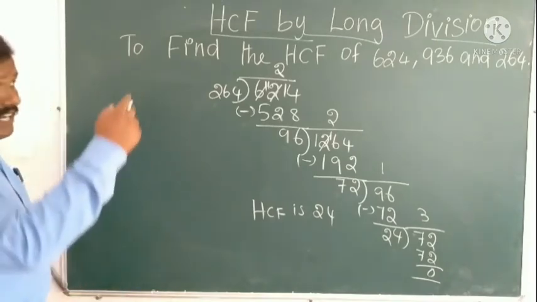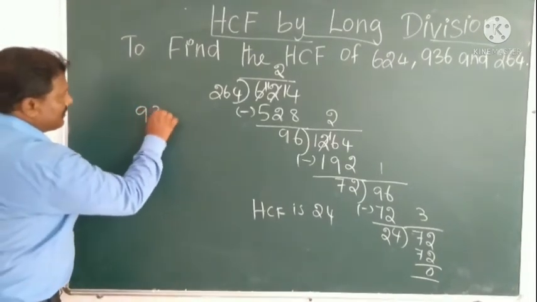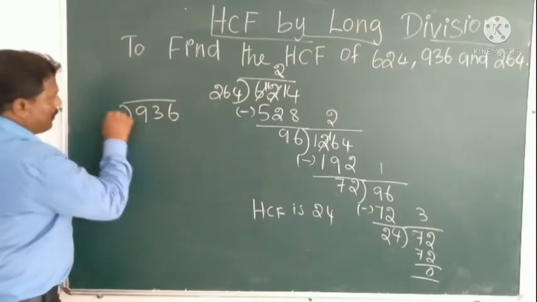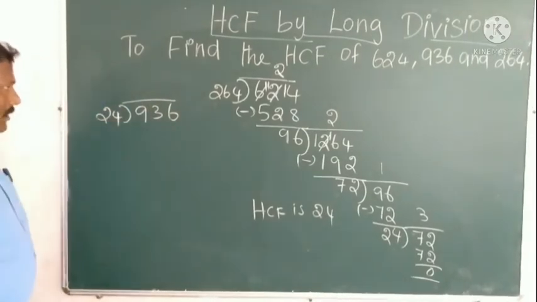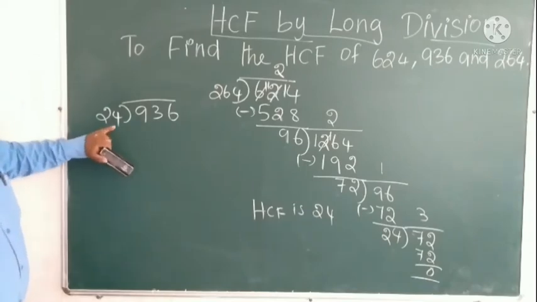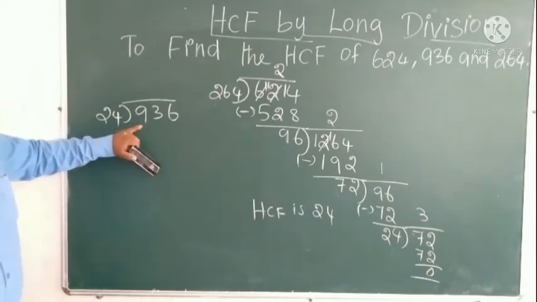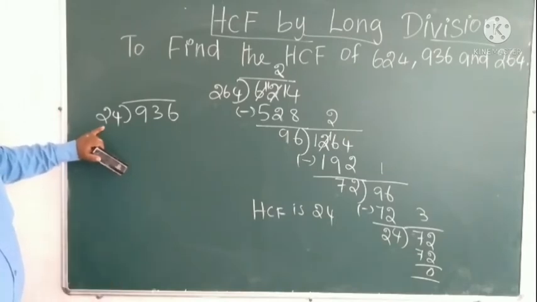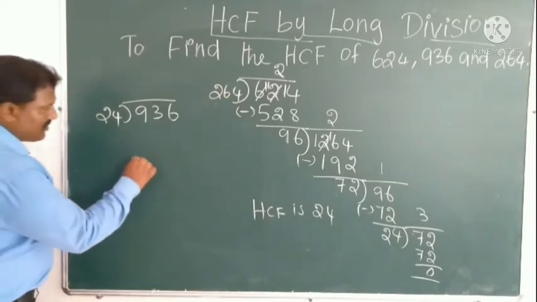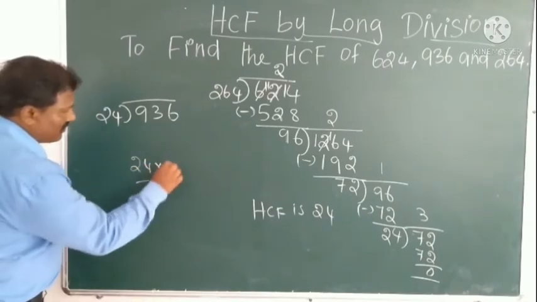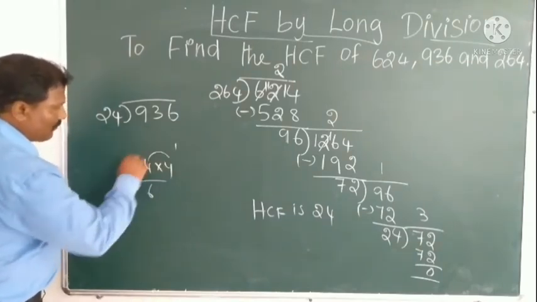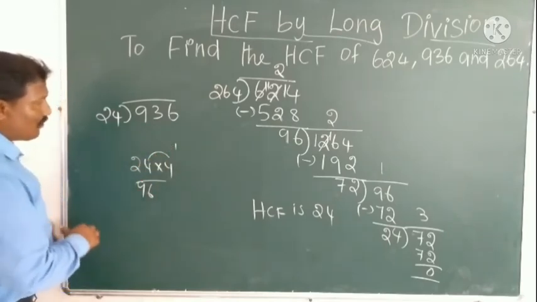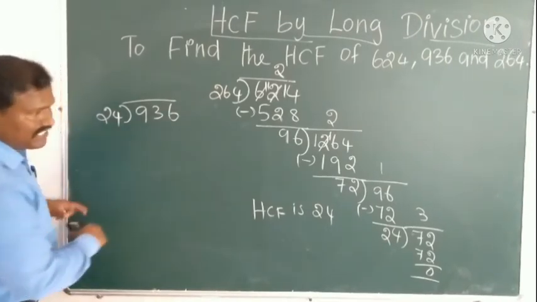Now we have to divide 936 by 24. First, 2 digits are there, so let me take the first 2 digits. If you multiply 4 times, 24 into 4, 4 4s are 16, remainder 1, 4 2s are 8, it was 96. 4 times we cannot divide, but 3 times we can divide.